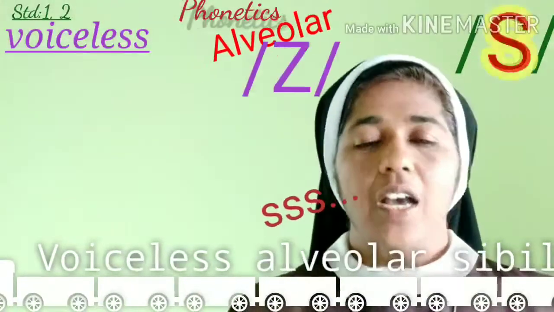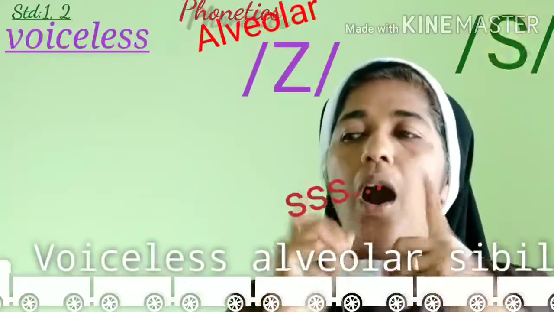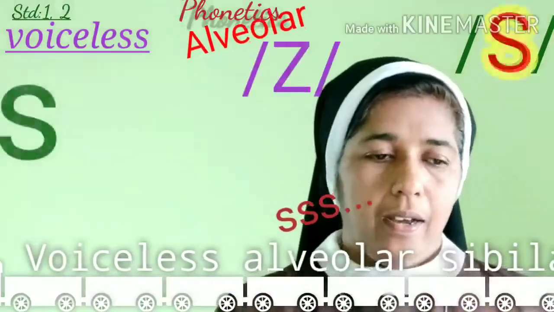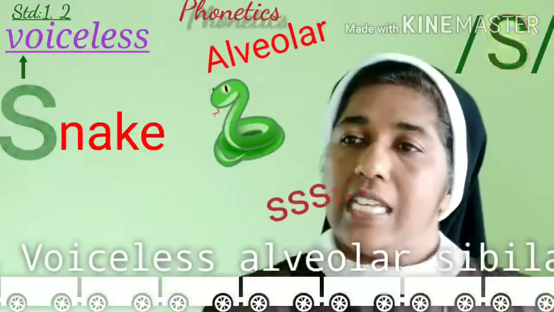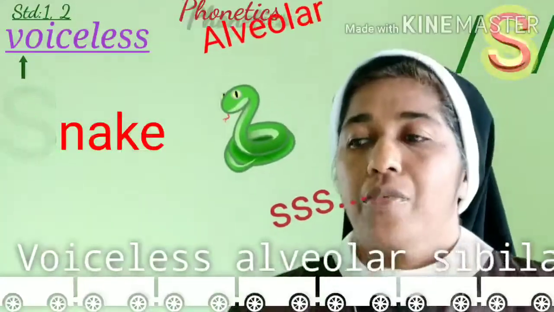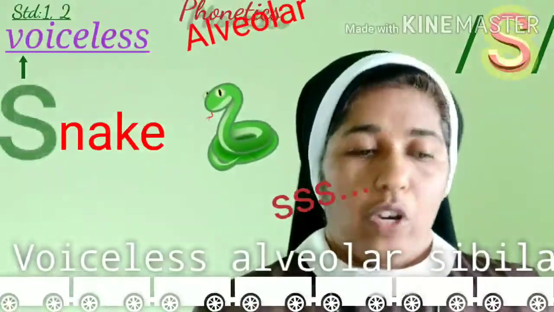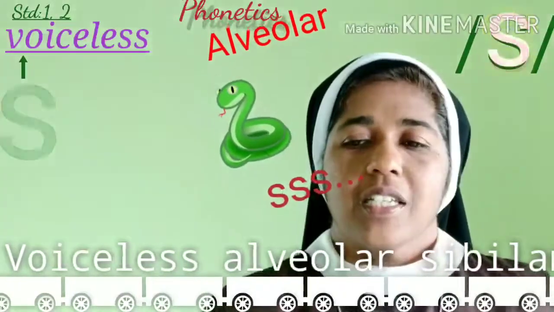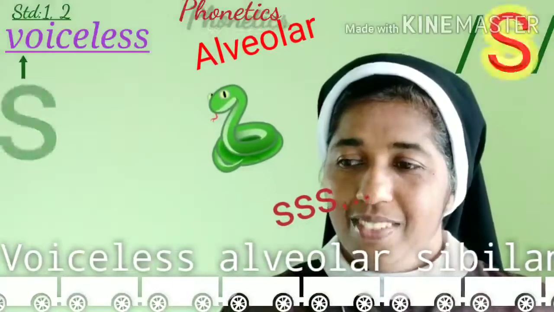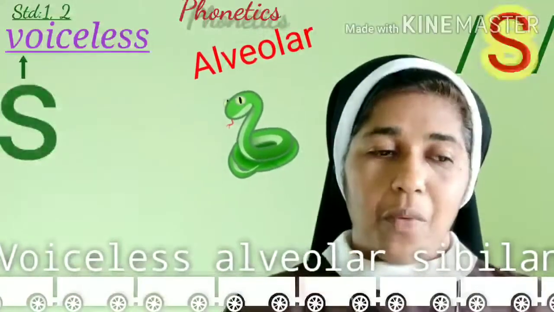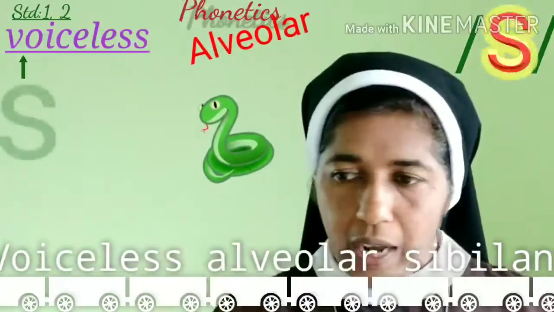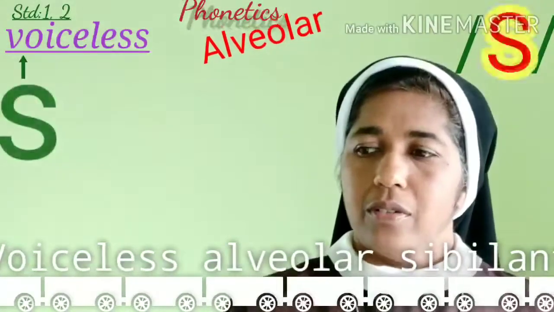It is just air passing through our teeth over the tongue. So snake, the S letter, the first letter of that particular word, sounds voiceless. Snake. S. Next one, we will be covering only very few every time, not too many to make it confusing.